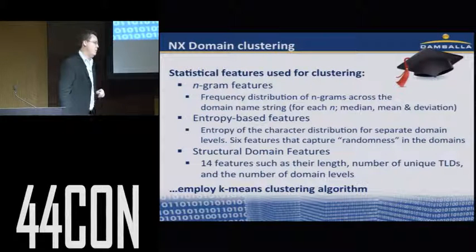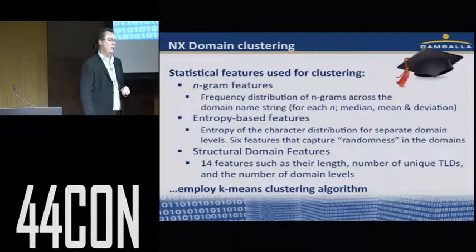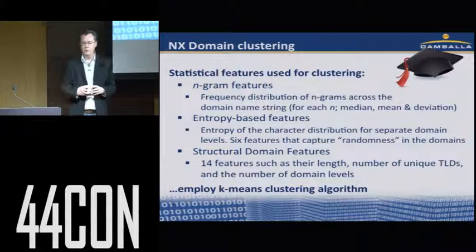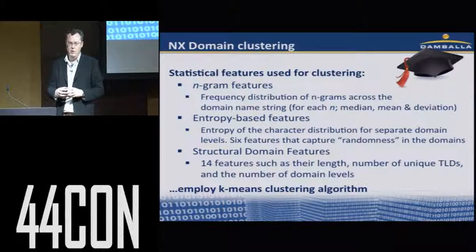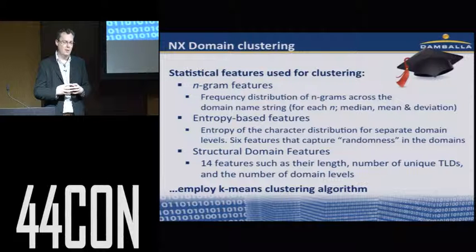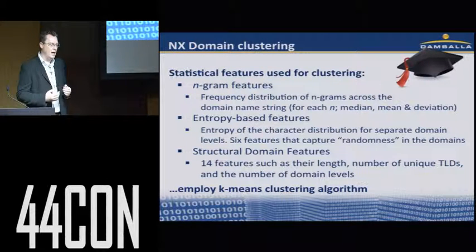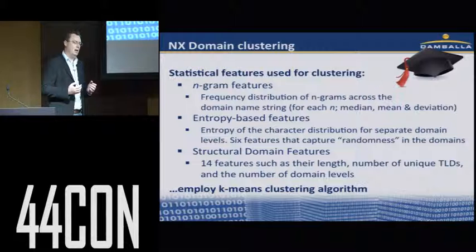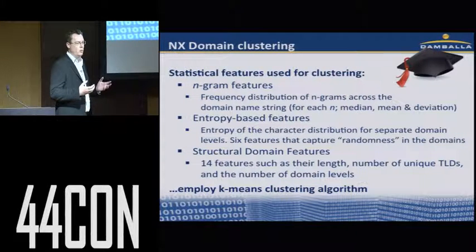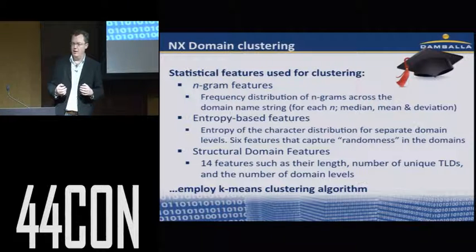So I'm talking about NX domain clustering. What this really means is that I can take all this information, all these NX domains, and use techniques to cluster based on features. When I look at things like statistical feature modeling, I can look at different groups of features.